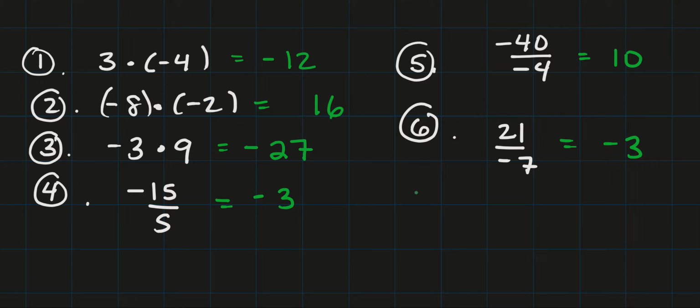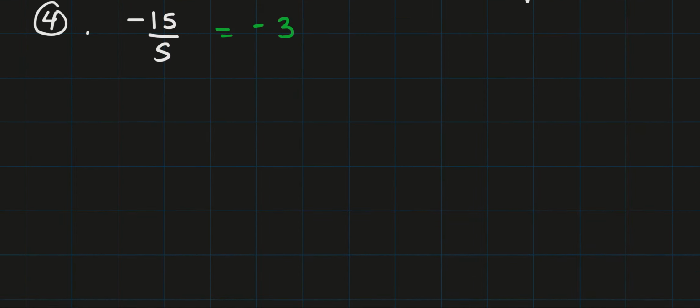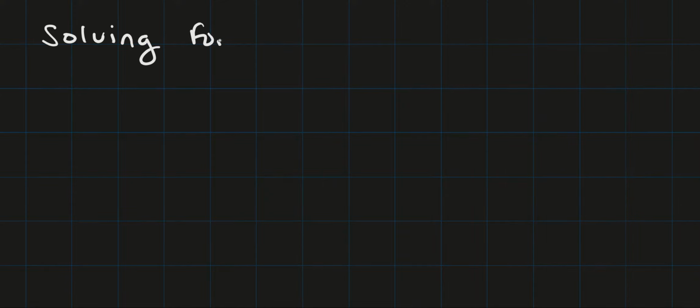Okay, I think we have covered adding, subtracting, multiplying, and dividing integers. So let's move on. Our next topic is solving for a variable in an equation with 2 variables.